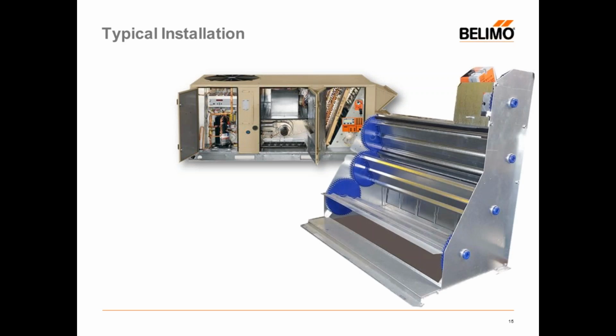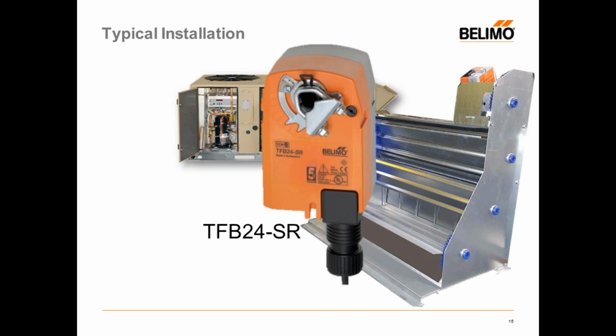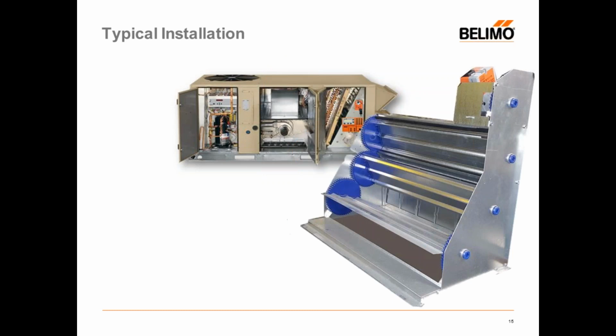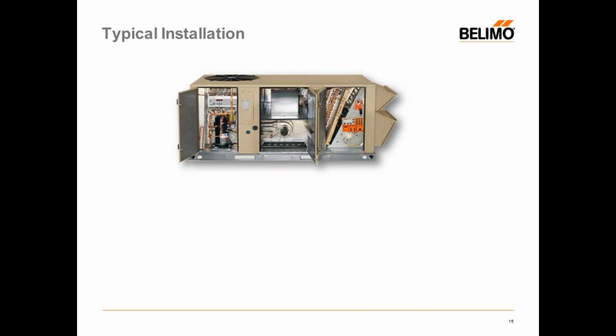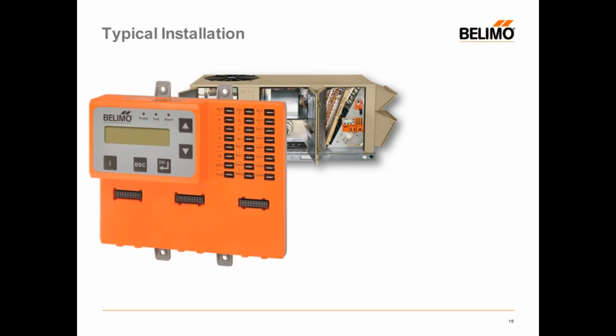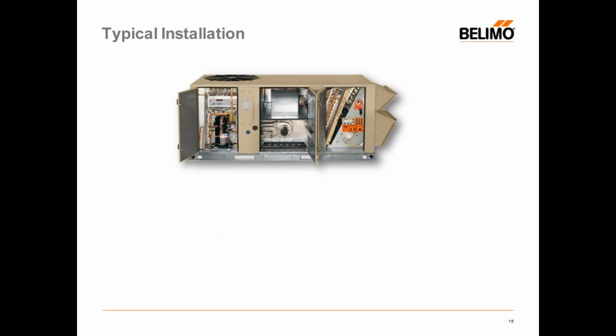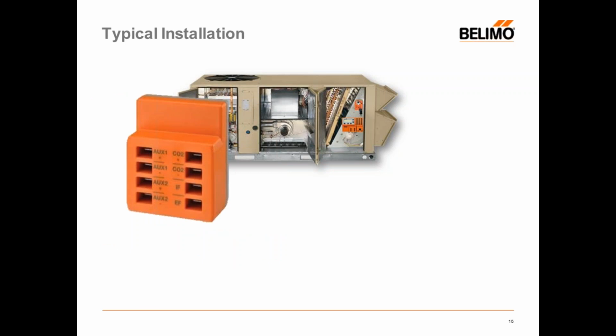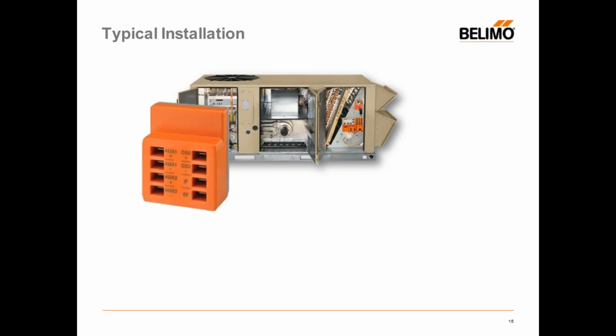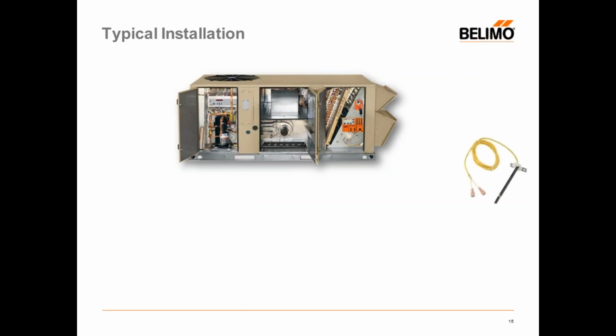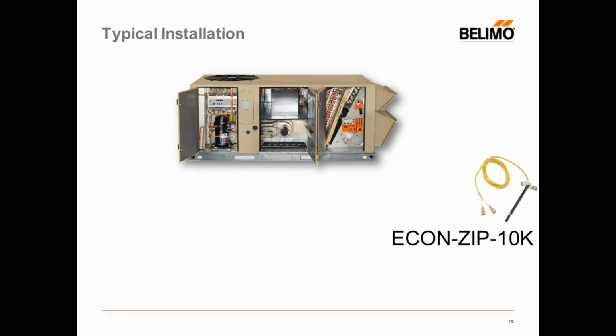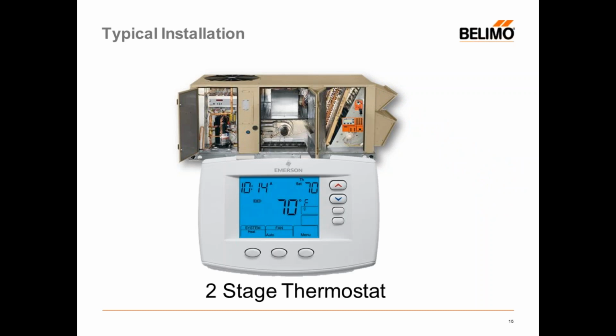There's an economizer assembly, a spring return fail-safe actuator, the ZIP base control, the energy module, a supply air temp sensor, an outdoor air temp sensor. And finally, a 2-stage thermostat.